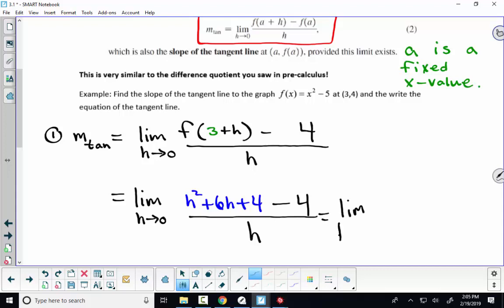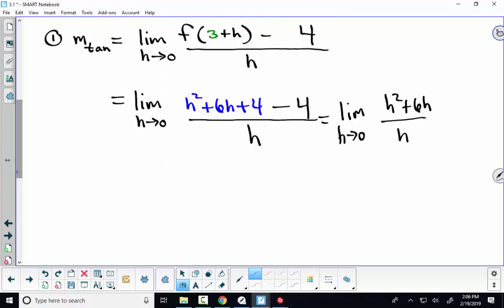So just write it out. That's the limit as h goes to 0. The top is h squared plus 6h over h, and then both of these things are over h. Dividing the h in the denominator by both terms in the numerator leaves us with h plus 6.